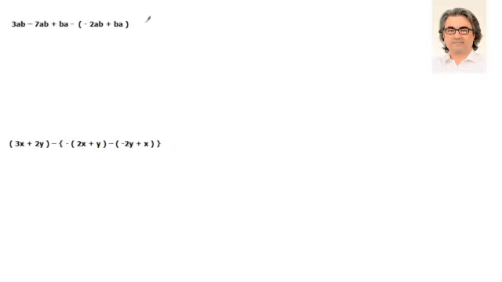Continue with the next. Now 3 times AB minus 7 times AB. AB means A times B. BA means B times A. So A times B and B times A are the same. A times B is equal to B times A. So instead of B times A, I may write A times B. Let's start from the left side.